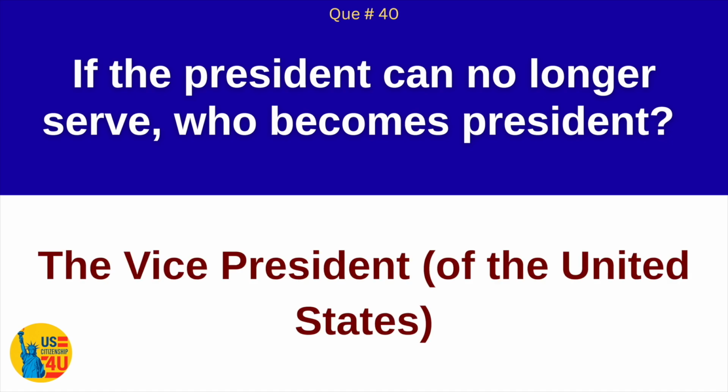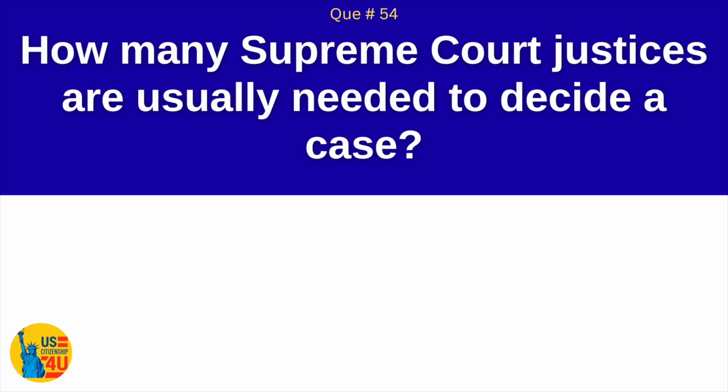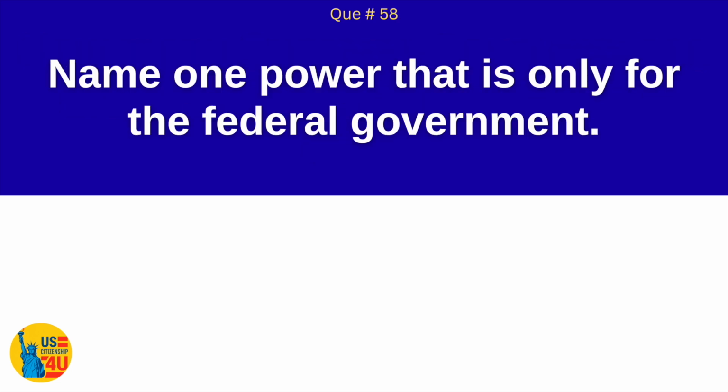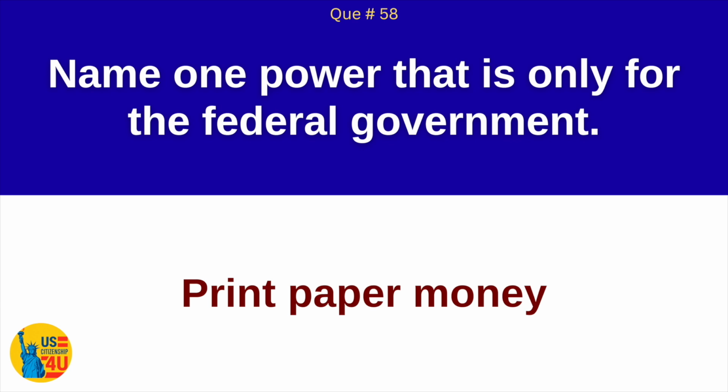The Vice President of the United States. How many Supreme Court justices are usually needed to decide a case? Five. Name one power that is only for the federal government. Print paper money.